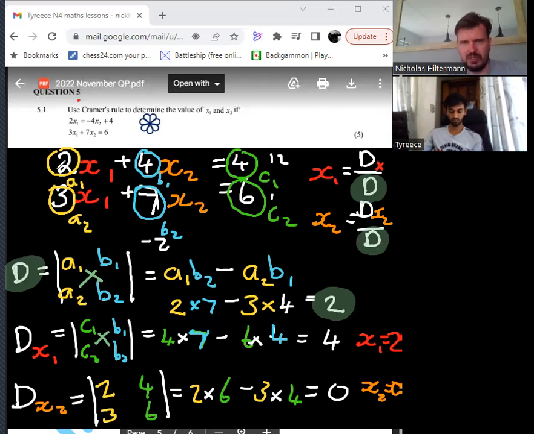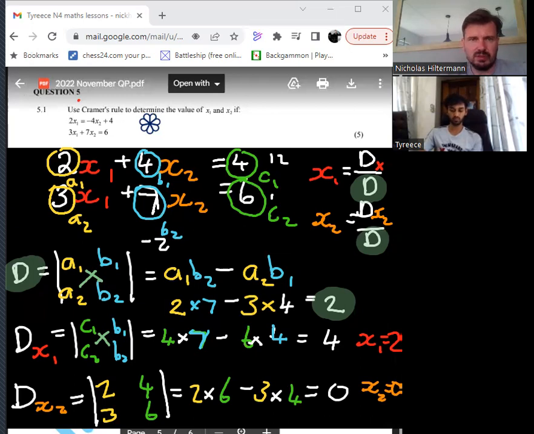Now the discriminant is when we take the numbers that are in front of our x1 and x2. So we always have to get it into this notation. Something x1 plus something x2 equals something. And then the other one, something x1 plus something x2 equals another something. Because you have 2 equations, you can solve them simultaneously. But in this case, we're doing Cramer's rule.